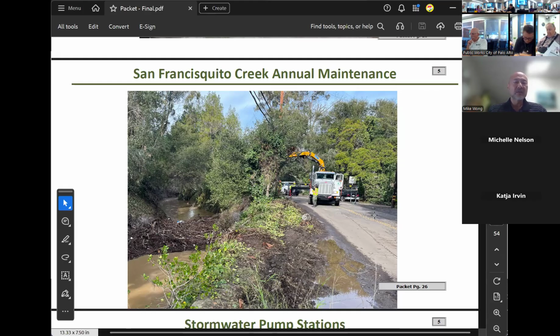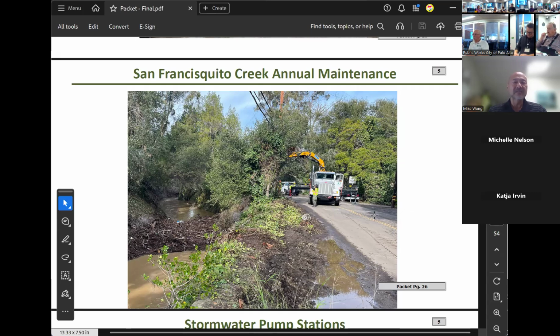Every year we do a creek walk where we actually walk the creek, inspect, and determine what needs to be taken out. There are a lot of environmental restrictions. We get a lot of concerns, like, why aren't these logs being taken out? But they're not deemed to be a problem that would cause flooding.